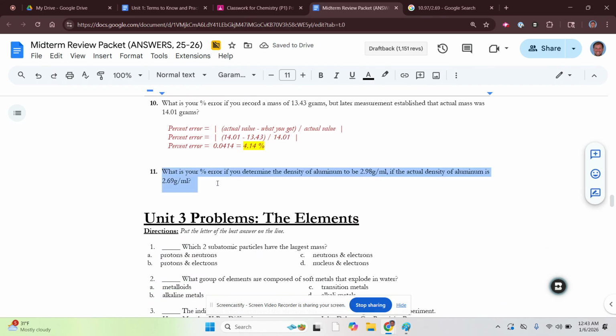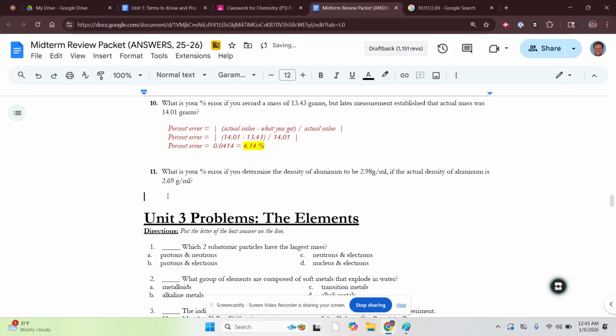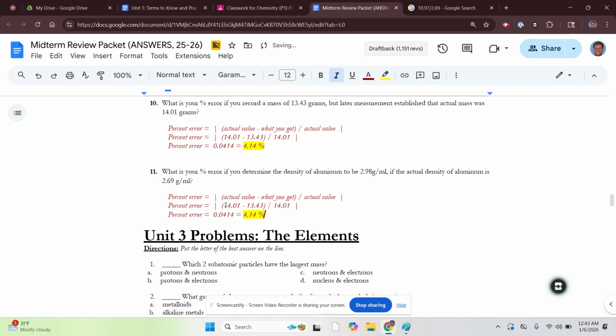Number 11, what is your percent error if you determine the density of aluminum to be 2.98 grams per milliliter, but the actual density is 2.69? So, again, identical type of formula as above here. You just plug it in. The actual density of aluminum is 2.69. You got 2.98. Dividing it by the actual 2.69.